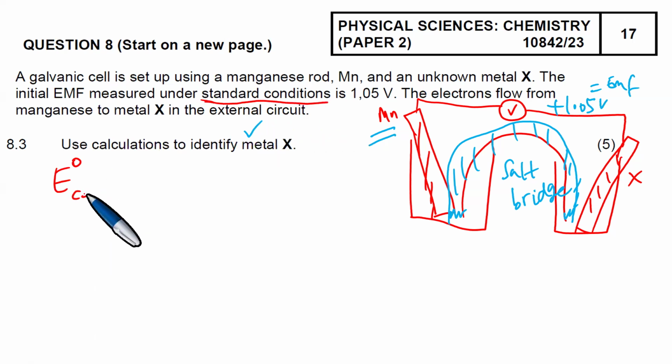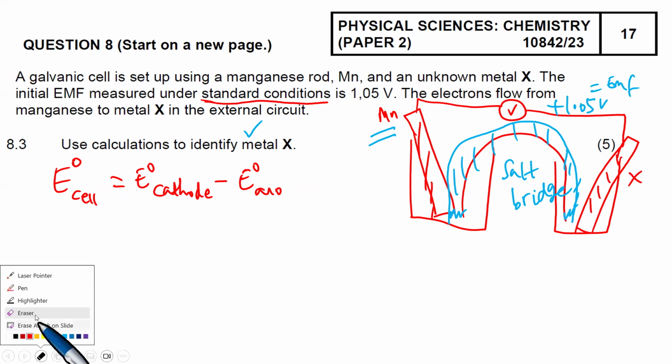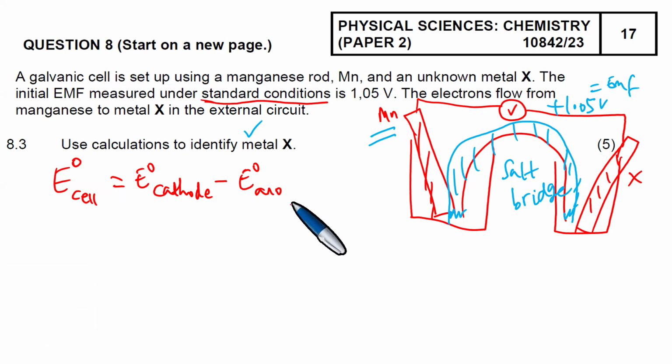So E naught cell is E naught cathode minus E naught anode. So we then say E naught cell is E naught cathode minus E naught anode.